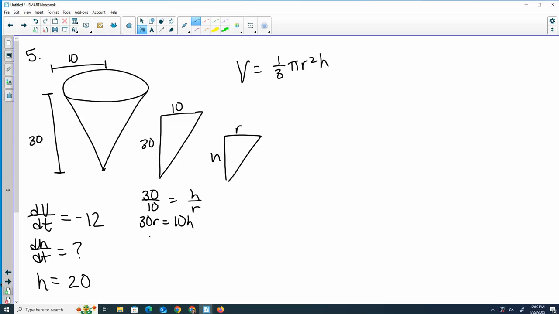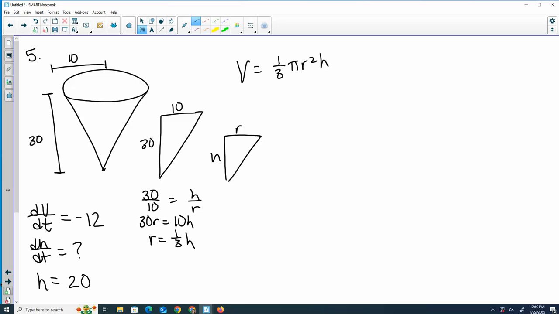We're trying to find what r is. So r is 1/3 h. Okay, so I use that ratio, those similar triangles, because the whole cone is 30. I wasn't doing, like, that would give you the radius at that point.